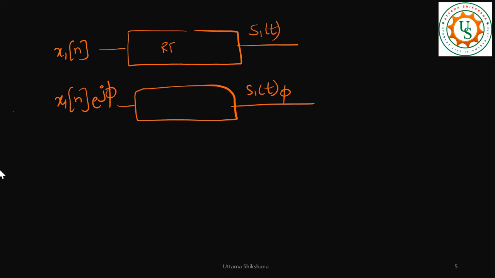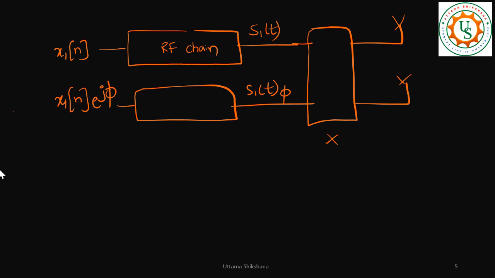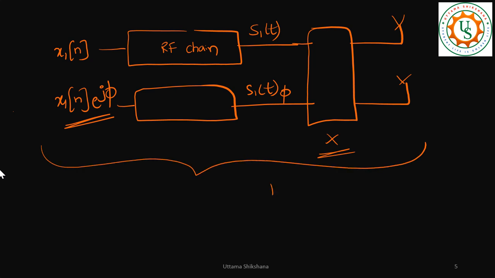These are all RF chains. Then here we don't want any analog phase shifters, so we can directly give it to the antenna. If we are performing these phase shift values in the digital domain rather than in the analog domain, then we can say that this is digital beamforming.